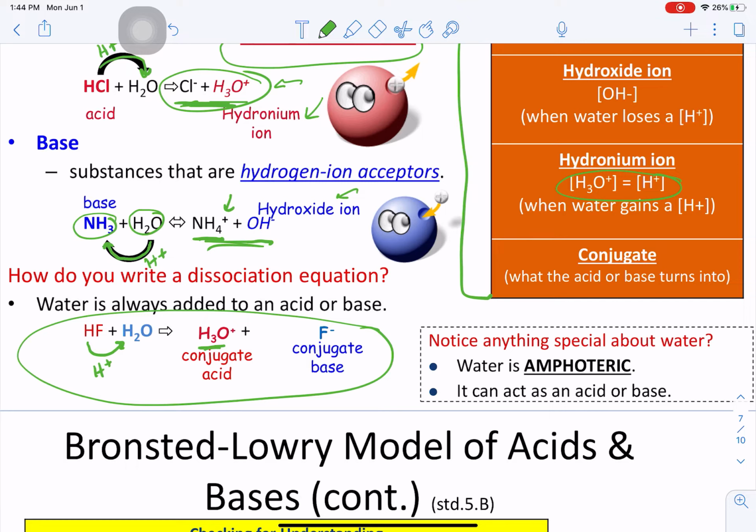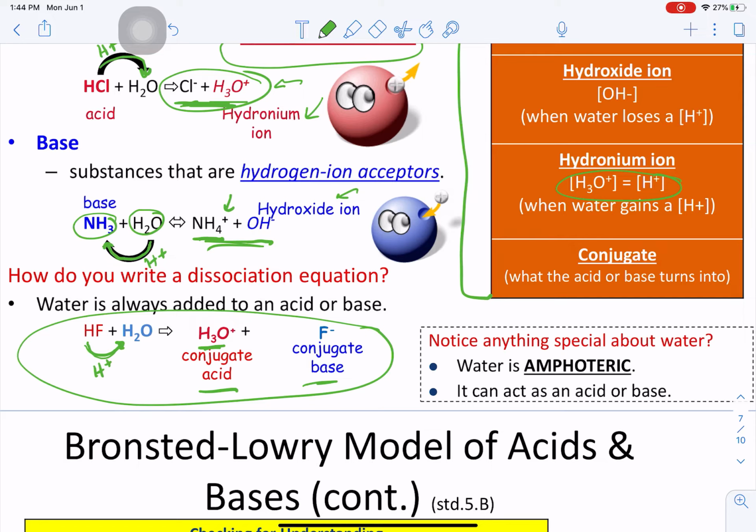Well, that's not the only product we have. We also have whatever's left. And if it donated the H plus, it's now F, but it lost the plus, so it's F minus. Anytime you see H3O plus in your products, that is the conjugate acid every single time. Whatever's left is your conjugate base, and you will need to label those.